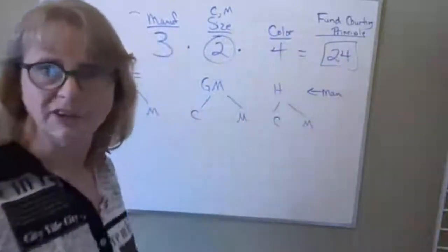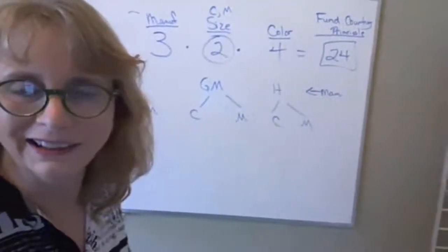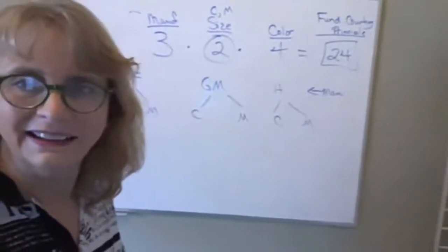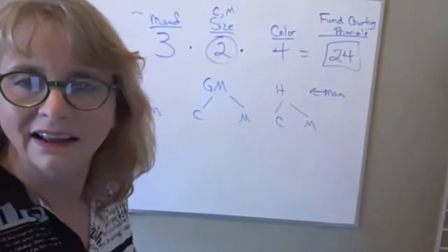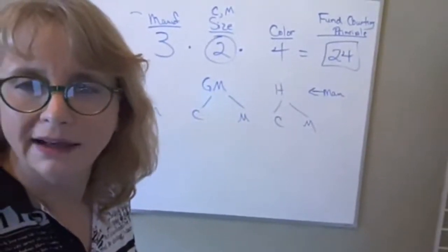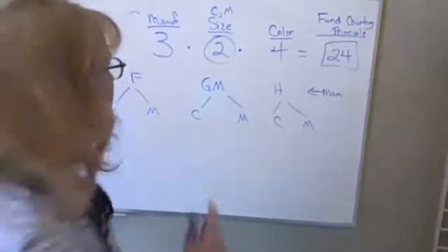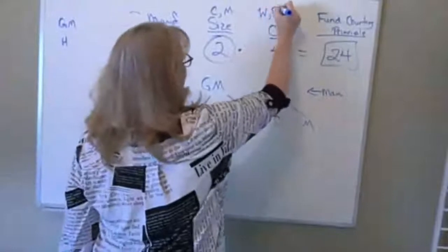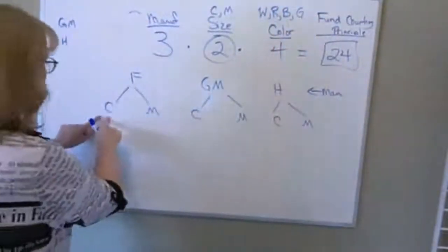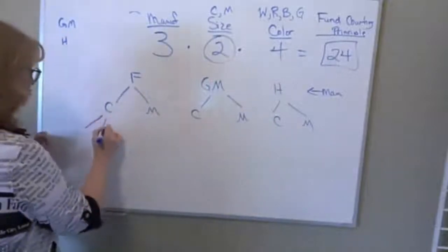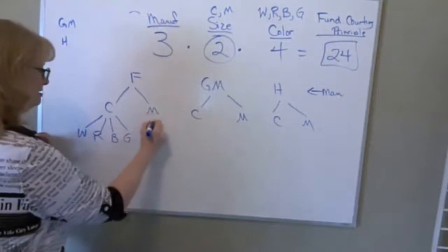And then our colors, I forgot what the colors were. Let's look at the colors again. The colors were white, red, black, and green. So that means from here, each of these splits into 4: white, red, black, and green.